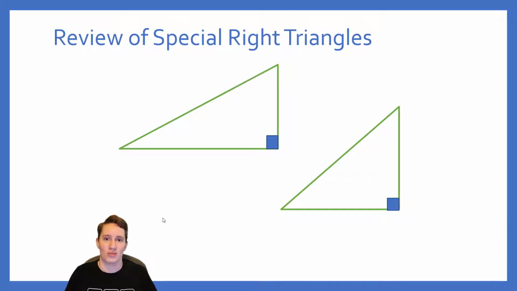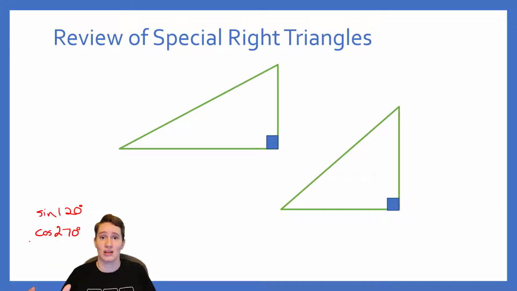So what the unit circle is going to help us do is answer questions like sine of 120 degrees or cosine of 270 degrees.